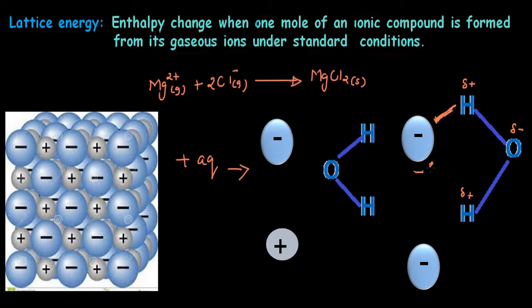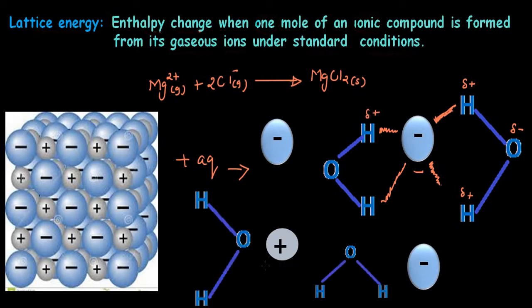Here we have shown only 2 water molecules around these negative ions, but it may get surrounded by other numbers of water molecules also. Now if we consider this positive ion, it may get surrounded by such water molecules also, and there will be a bond formation again with the oppositely charged oxygen this time. So there will be a bond formation this way.